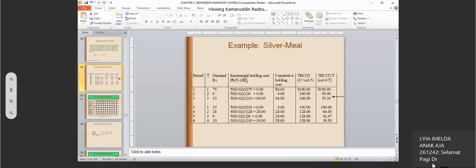Next we have the incremental holding cost, where the price is multiplied by the holding cost fraction.